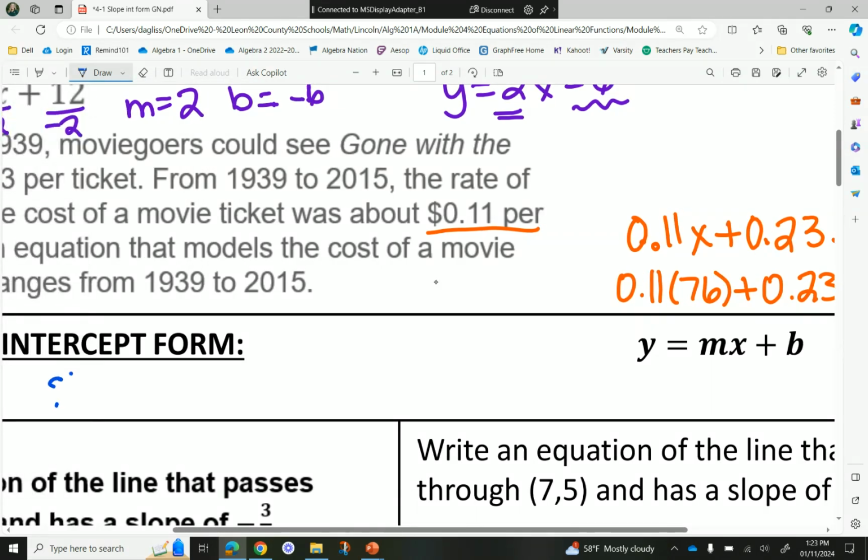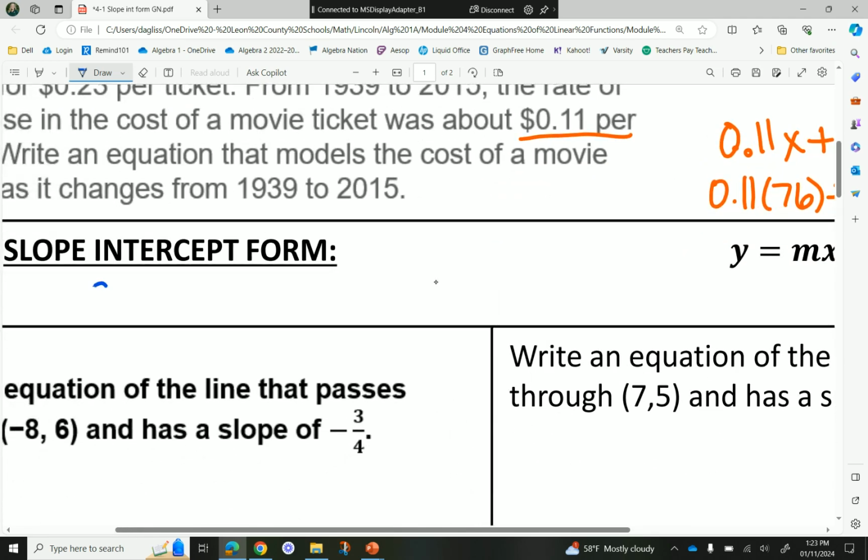Remember, our slope is how we move. Slope is going to be the m value because it's how we move from point to point. So the m is for move. Remember, that was our change in y divided by the change in x.